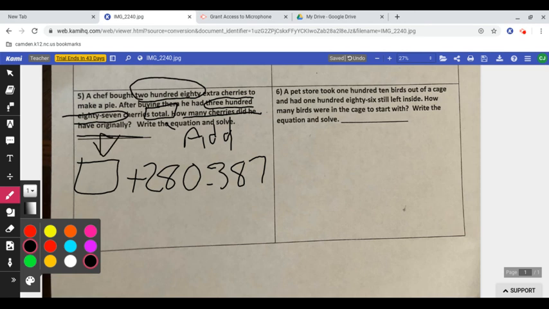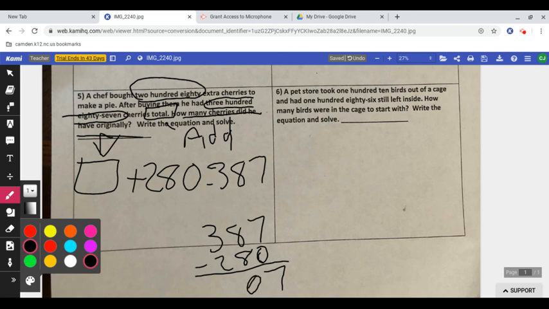Do we need that to be a big number or do we need that to be a little number? We need that to be a little number. And how do we make numbers get little? We subtract them. In second grade, we put the larger number on top, which is 387. Then I'm just going to simply subtract, starting in my ones place. 7 take away 0 is 7. 8 take away 8 is a 0.